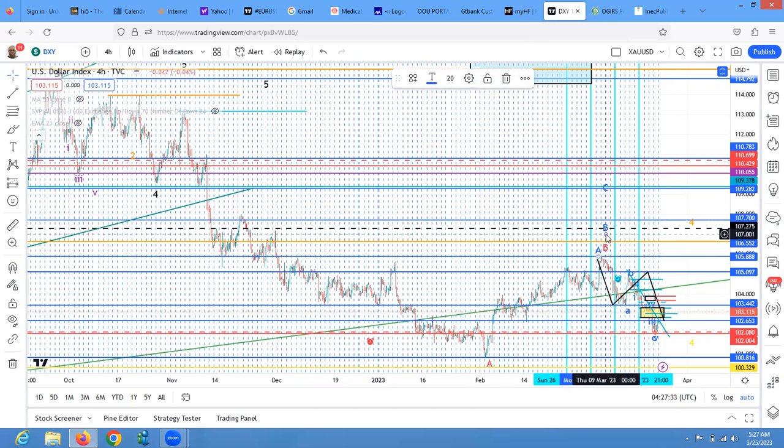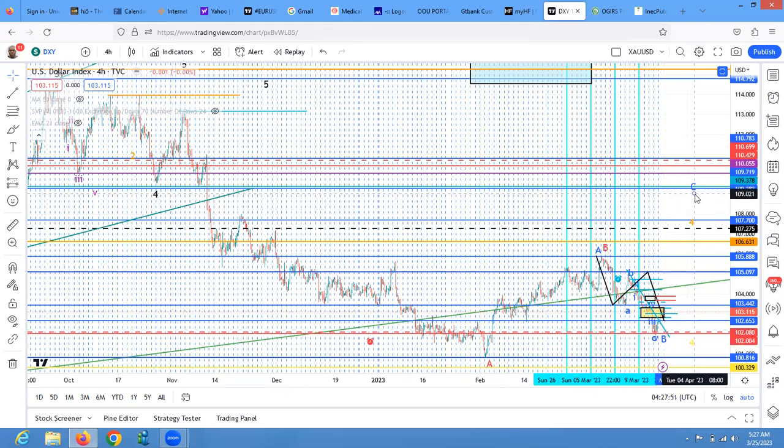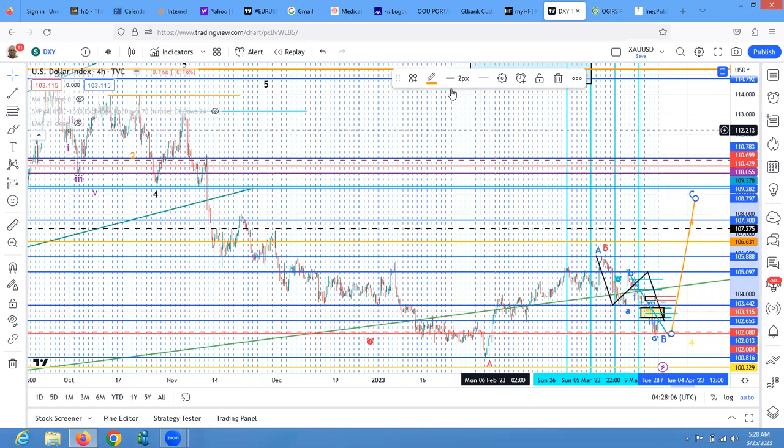That move will be an A blue, and that this will be a B blue, and that we're going to come up to somewhere around here to do a C blue. That was what we thought. So we're going to come somewhere around here to finish up with a C blue.